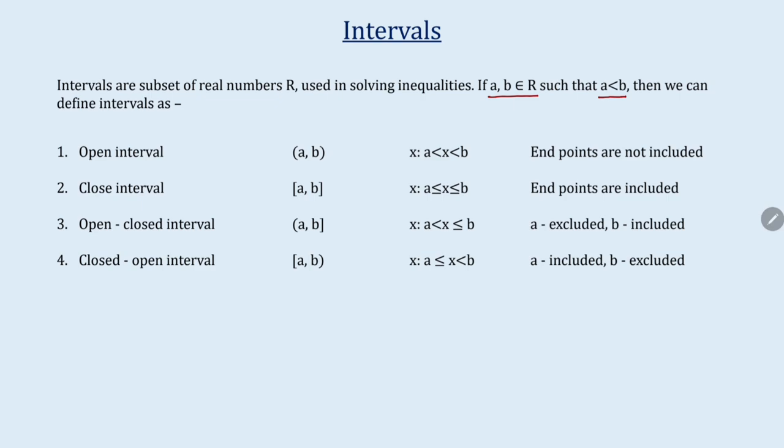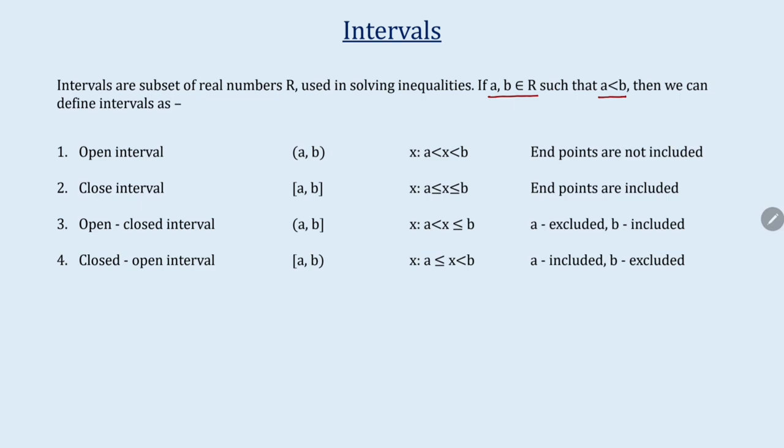The next interval is open closed. So it is open at one end and closed at another end. We can write it as x which is greater than a and less than or equal to b. So in this interval a is not included while b is included.